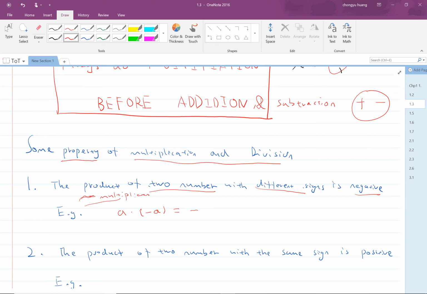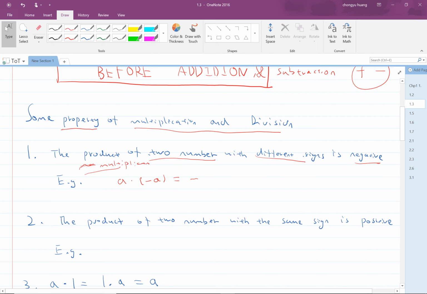The second property is also the product. The product of two numbers with the same sign is positive.